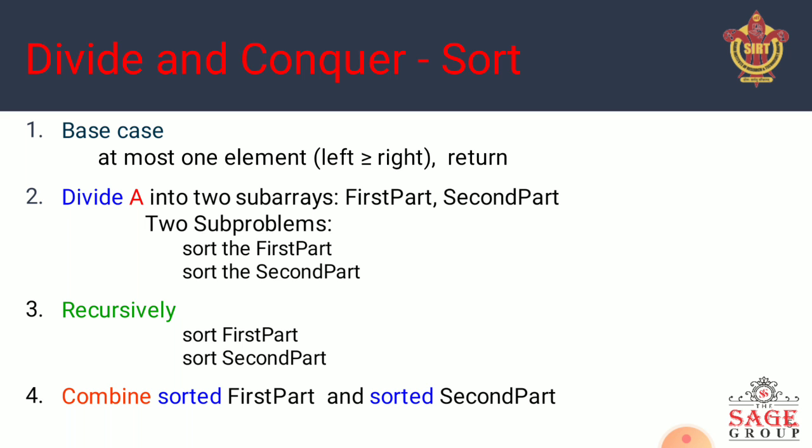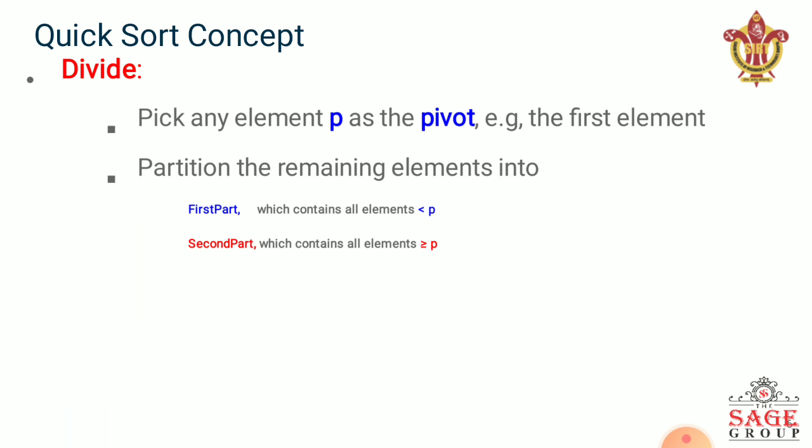So how do we apply divide and conquer in quicksort? Let's see. In quicksort, firstly we apply the divide rule. In the divide rule, pick any element p as the pivot.